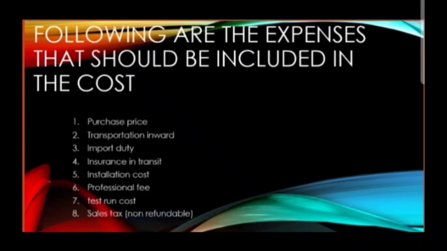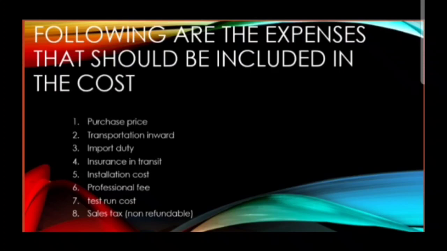Following are the expenses that should be included in the cost. Number 1, purchase price. Number 2, transportation inward. Transportation inward means transportation to the premises of the company. Then import duty, insurance in transit.